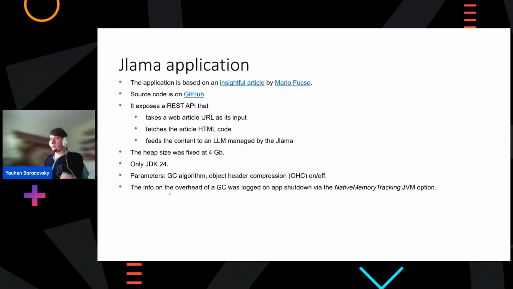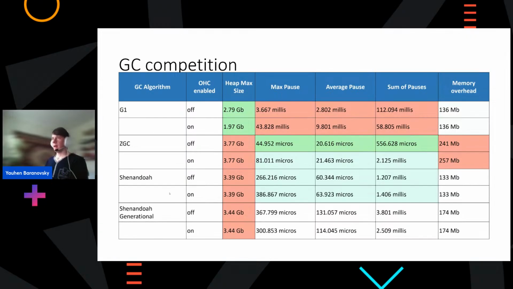And on top of that, I added some logging to see how much memory every garbage collector consumes for its global data structures on the heap, thanks to the native memory tracking option. And let's have a look at the table.